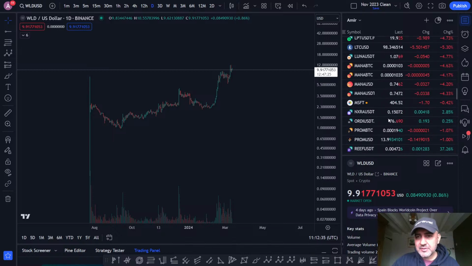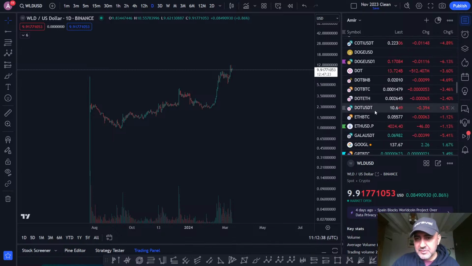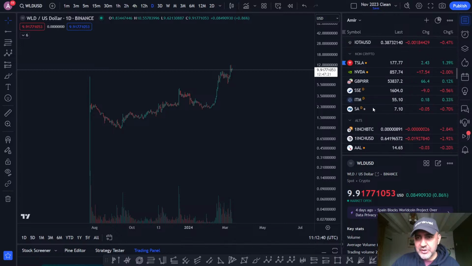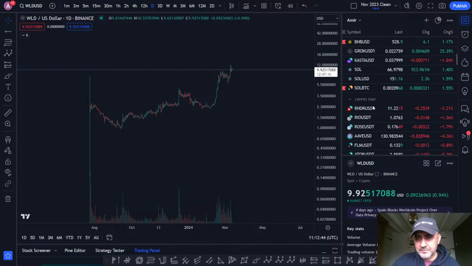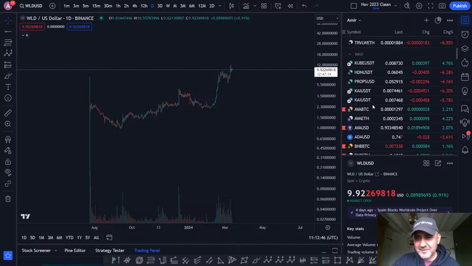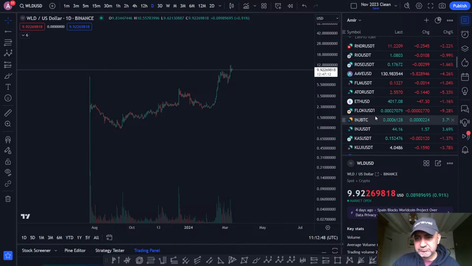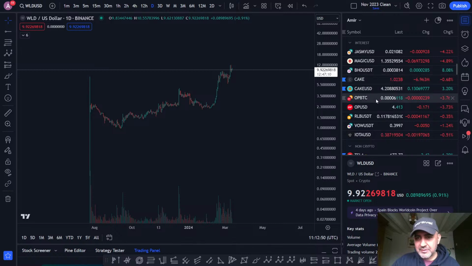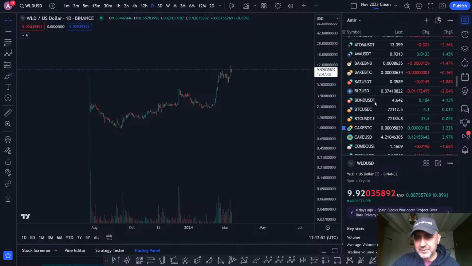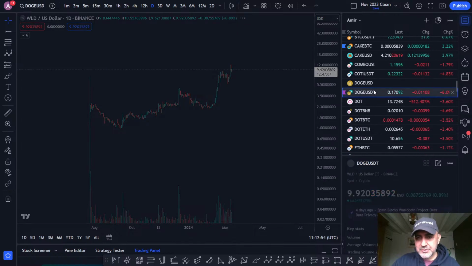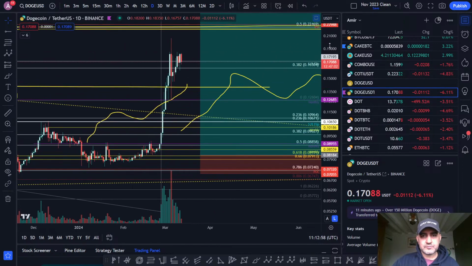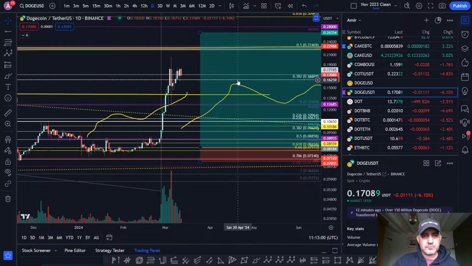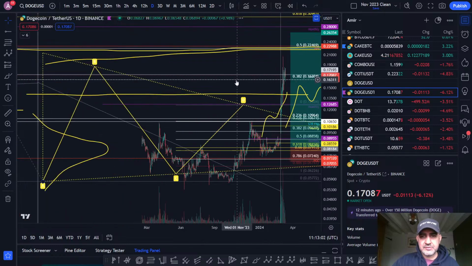There's Doge. Let's have a look at Doge. I don't call Doge Doge, I call it Dodge because it's dodgy. Do I even have it here? Probably not. It must be here somewhere. Dodge. Doge is looking okay. It's holding this 382.